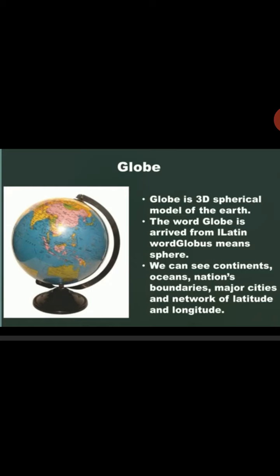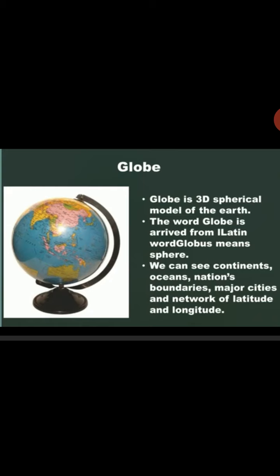Okay. On a globe, we can observe limited characteristics of a place. In a map, we can study the region, but here we can observe limited characteristics of a place like continents, oceans, nations' boundaries, major cities, and also we can observe the network of latitude and longitude.